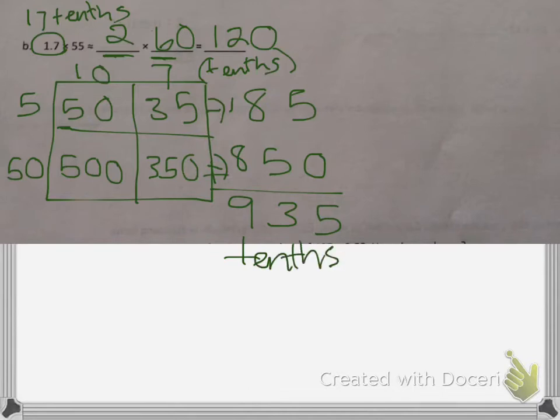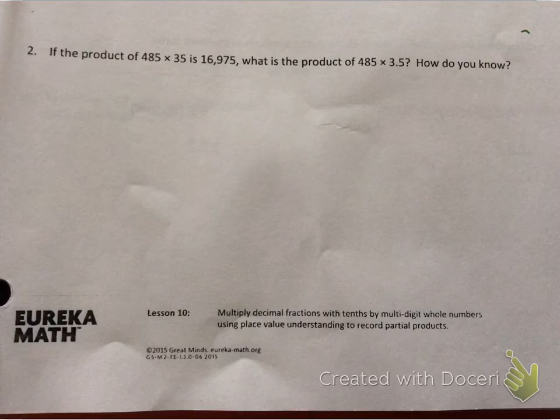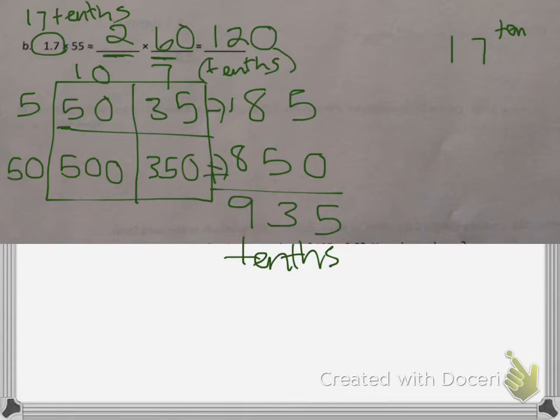Now I need to solve using the standard algorithm. So I'm going to set it up. 17 tenths, put that label on here. Don't forget the label. 17 tenths times 55. 5 times 7 is 35. 5 times 1 is 5 plus 3 is 8.